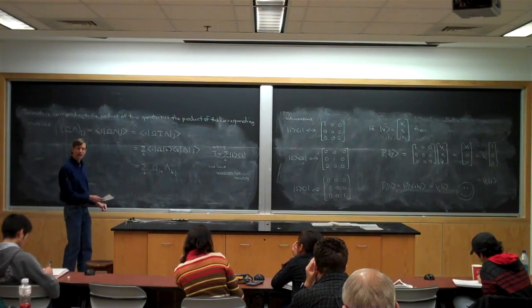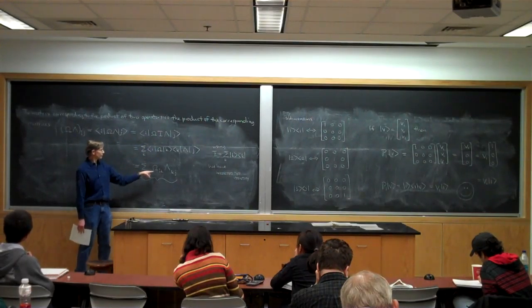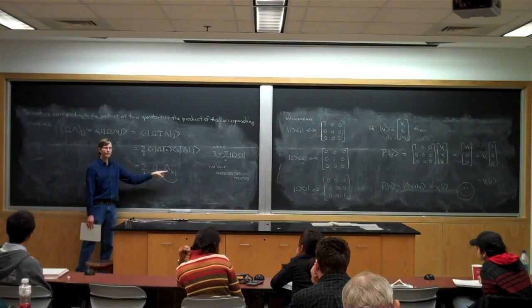And we're done, because this is the rule for finding the element ij of the matrix representing the product of omega and lambda.